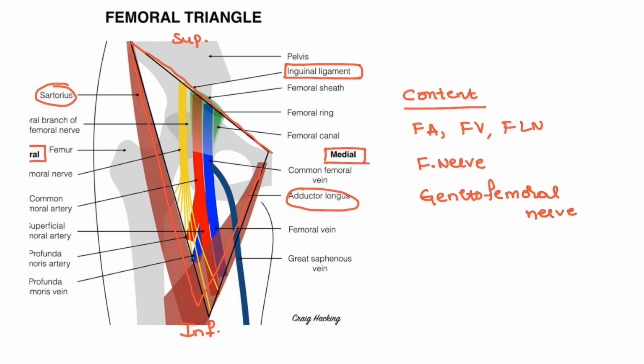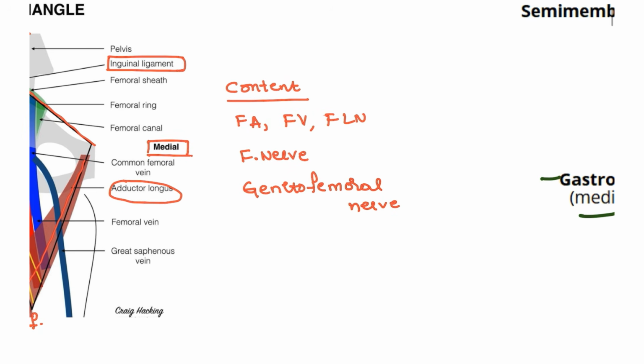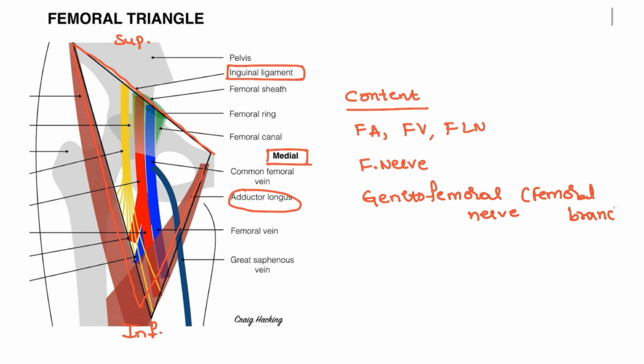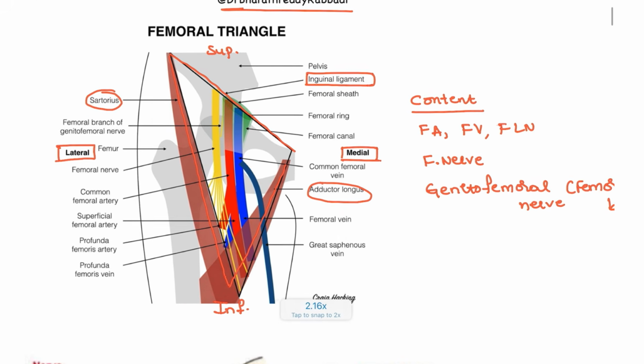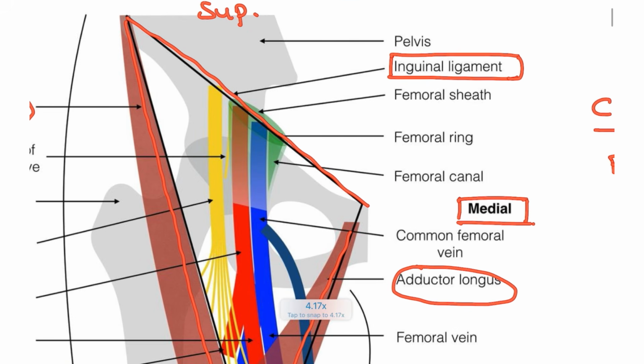The genitofemoral nerve has two branches. One is the femoral branch, the other one is the genital branch, and this is the femoral branch. So these are the important contents that we have in the femoral triangle.